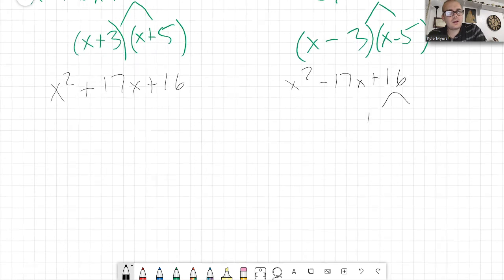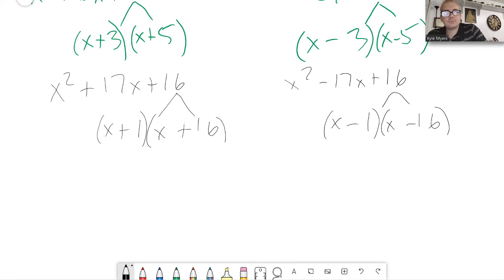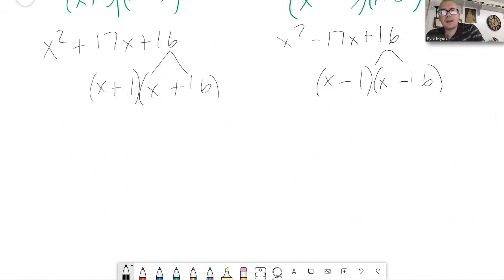So we have 1 and 16 minus. 1 and 16 plus and plus. That's it for those, but we have some more 16s.